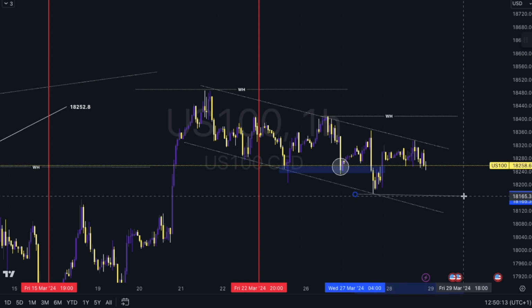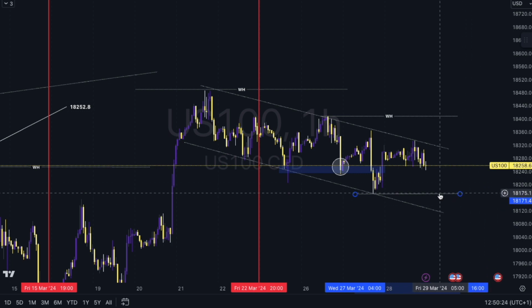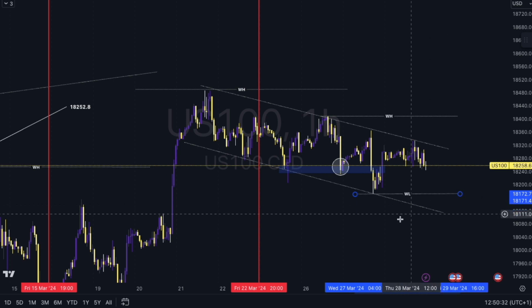The good thing about this is that it's building up together, so it's getting really tight. So one or the other is going to get taken out. Whether it's going to be a major continuation is something we're going to have to keep an eye on, just to make sure that it keeps moving in the direction that it's supposed to. But as it stands, that's what I'd be waiting for.